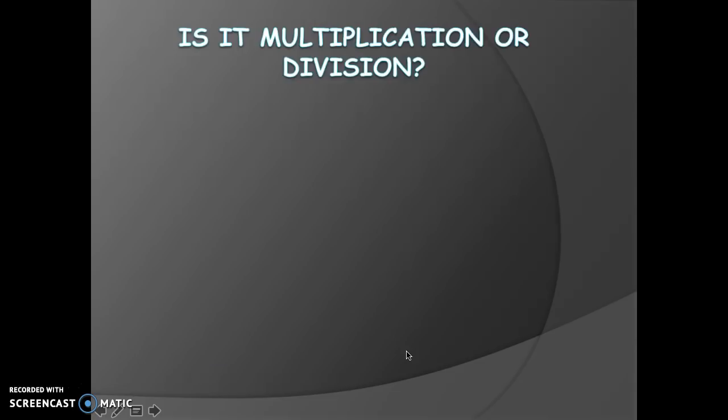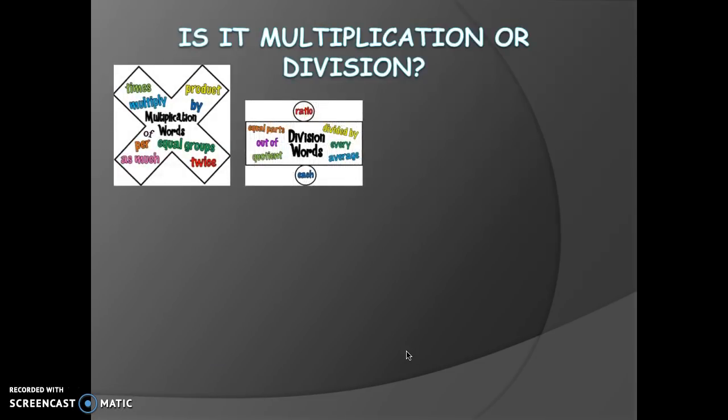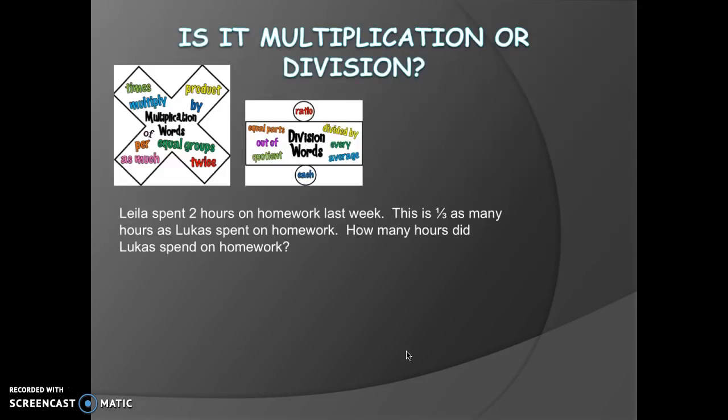All right, so we need to decide if we're going to be multiplying or dividing, and here's a reminder of some of those words to look for. So let's try a problem. Layla spent 2 hours on homework last week. This is just a fraction, a third as many as Lucas spent. So she didn't do as much as Lucas. She only did a third as many. So notice we have the words as many, which is very similar to as much.